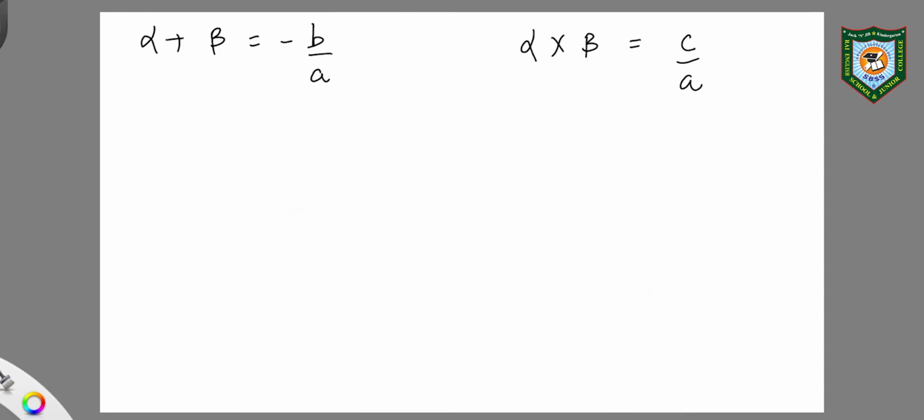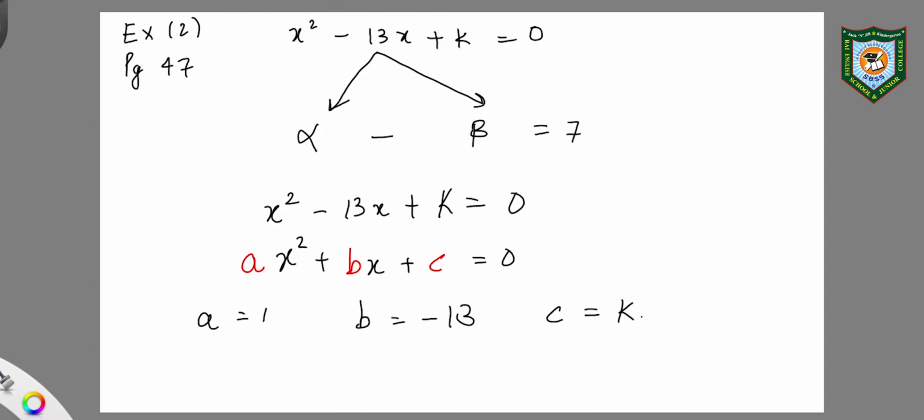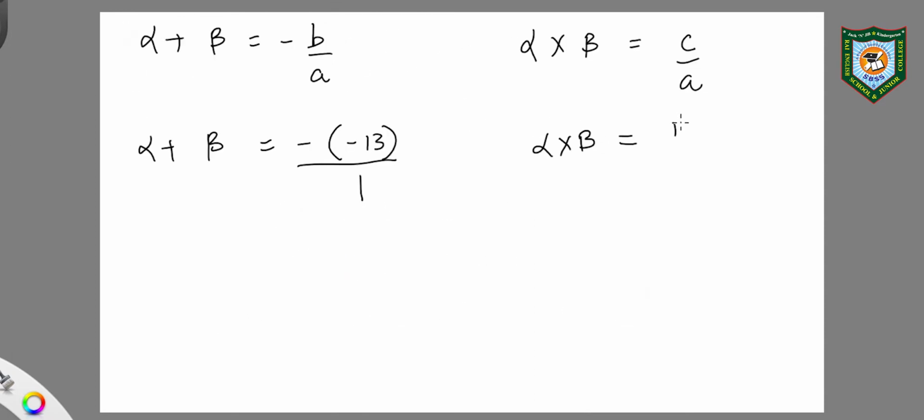So alpha plus beta is equals to minus, the value of b is minus 13 and the value of a is 1. And for alpha times beta we have c is equals to k and a is equals to 1. This means that alpha plus beta is equals to 13 and alpha times beta is equals to k.